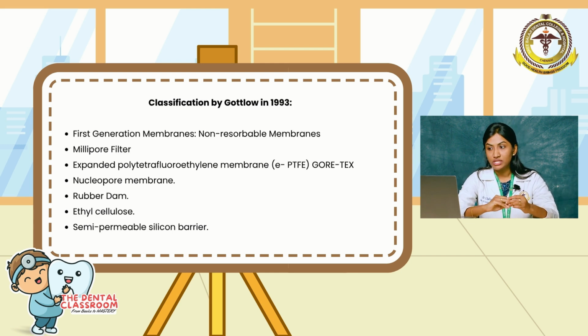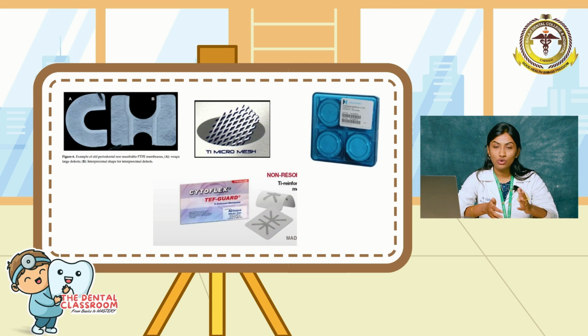These membranes are also classified based on generations by Gottlob in 1993. It is classified as first generation, second generation and third generation. The first generation was non-resorbable membrane, as we discussed earlier. In these generations, various commercially available materials have been given. Those materials are Gore-Tex, Cytoflex, titanium micro meshes and various nucleopore and rubber dam based materials.